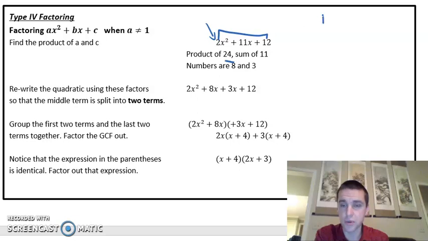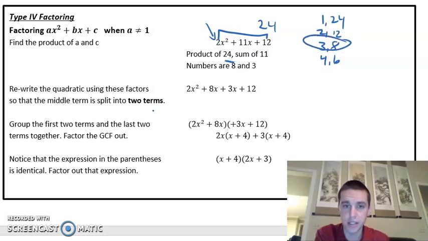So the factors of 24: 1 and 24, 2 and 12, 3 and 8, and 4 and 6. Which one of those adds to 11? So the only thing that you're changing here is that the 2 and the 12 gives you 24. That's your new, quote, C value. It doesn't actually change for the problem, just for this one. So 3 and 8.